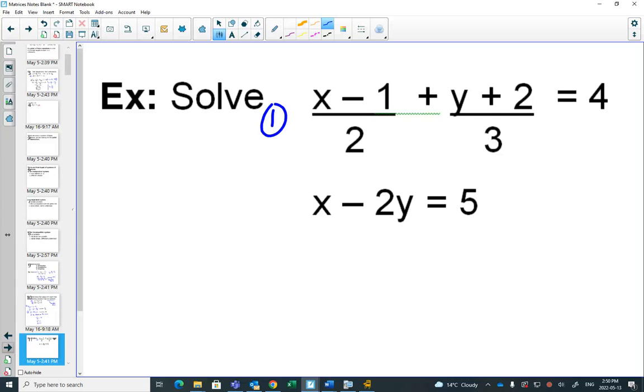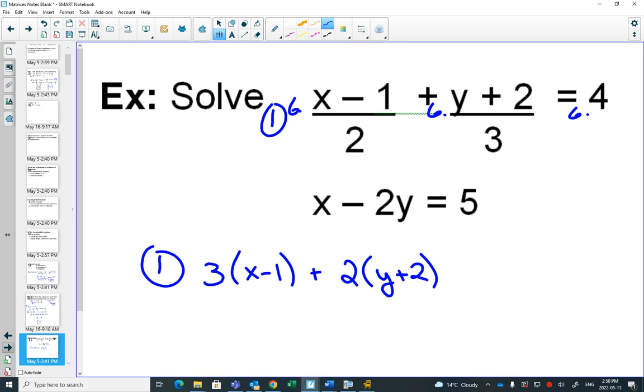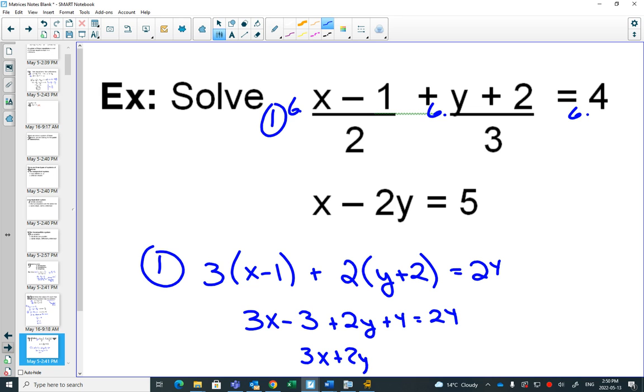If I multiplied this by 6, this by 6, and this side by 6, my equation 1 would become 3 times x minus 1 plus 2 times y plus 2 equals 24. And here if I distributed 3x minus 3 plus 2y plus 4 equals 24, 3x plus 2y is equal to 23.